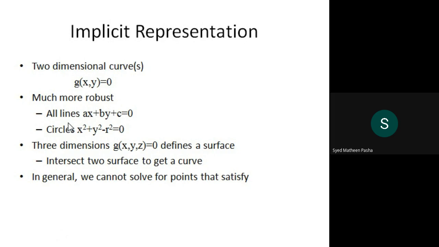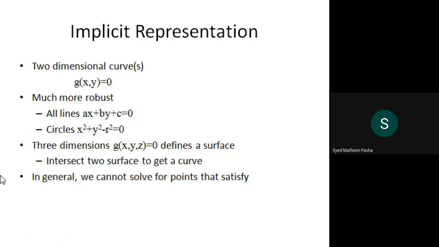With implicit representation, we can draw lines and plot circles by equating equations: for lines, ax plus by plus c, the general line equation, is equated to 0, and the general circle equation, x square plus y square minus r square, is equated to 0. So this is how you represent lines as well as circles implicitly.